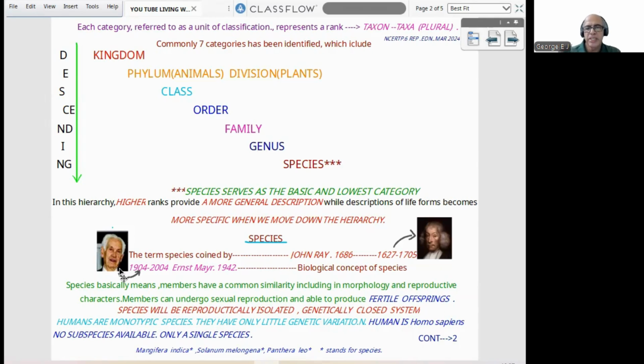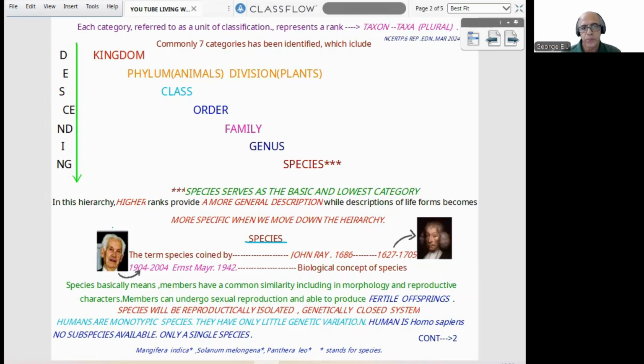Species basically means members have a common similarity, including in morphology and reproductive characters. Members can undergo sexual reproduction and are able to produce, next word is crucial, fertile offspring. So species will be reproductively isolated and a genetically closed system, a statement type question.